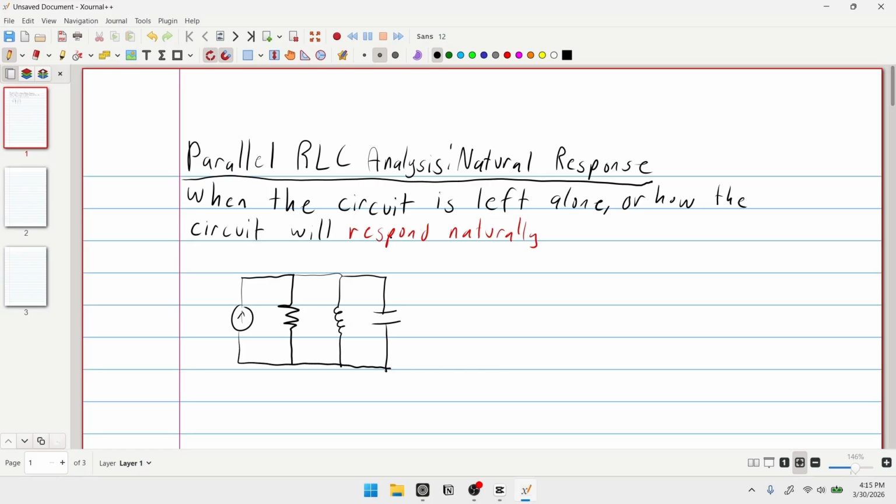What a natural response is, basically there is no input. No input, right? So basically all you're left with is just these three in parallel. All right, so now we know that, let's just go straight into an example.